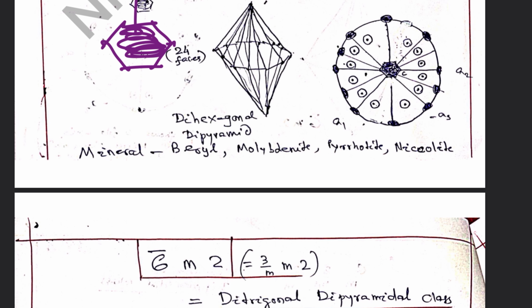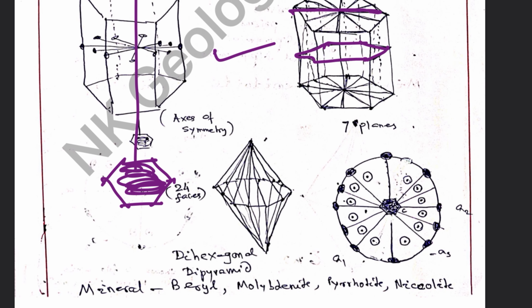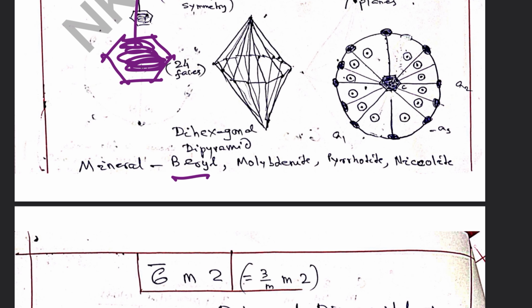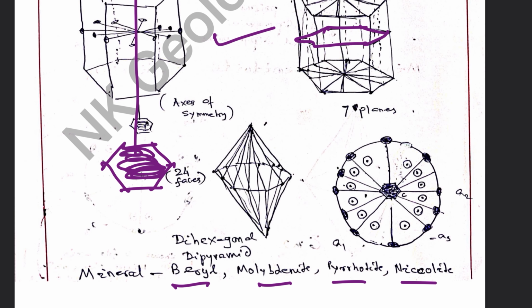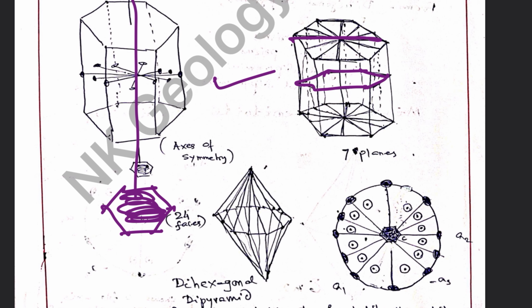So like this there are 6 vertical planes. And if we talk about this normal class, the common minerals are beryl, molybdenite, pyrrhotite, nickeline. These are the common minerals in the hexagonal system. And we have a highest of 24 faces, the dihexagonal dipyramidal form. This form has been represented here in this stereo diagram. One axis of 6-fold, perpendicular to it is the mirror plane, the horizontal mirror plane.